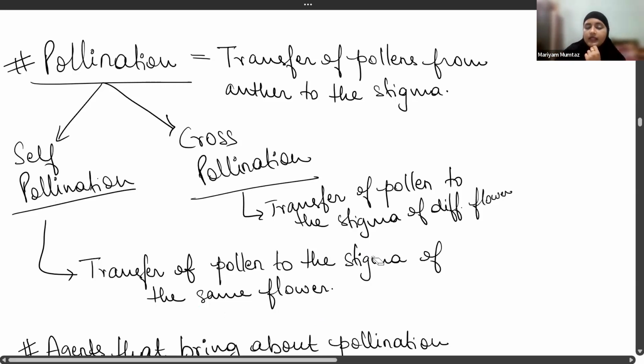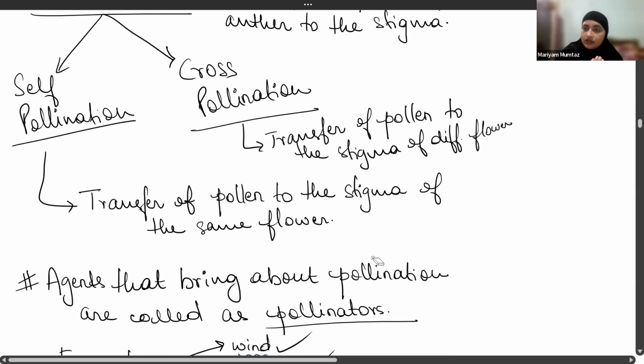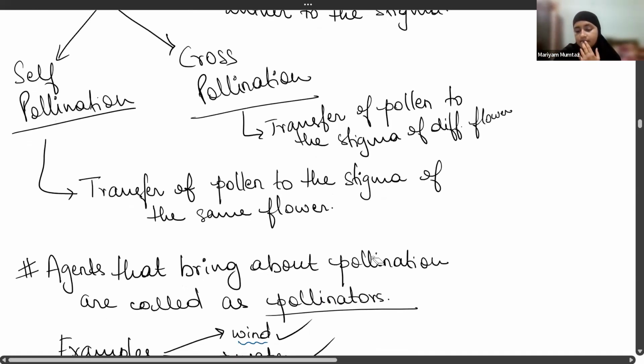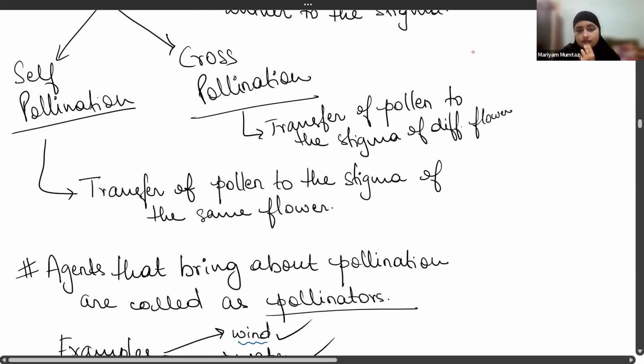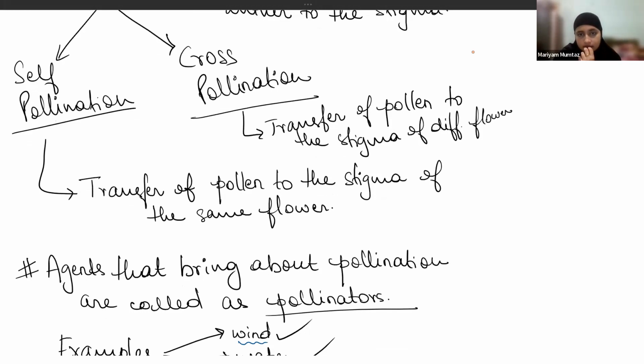Now, if the flower is different, then that is cross-pollination. Is it clear? Yes, ma'am.